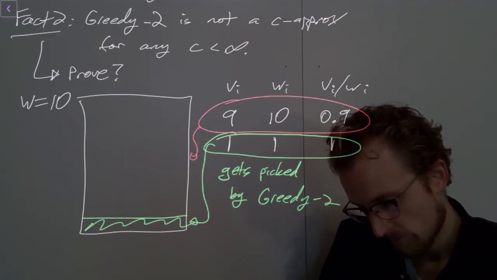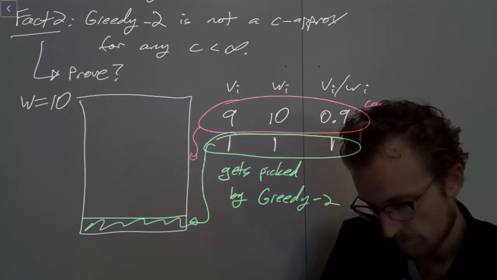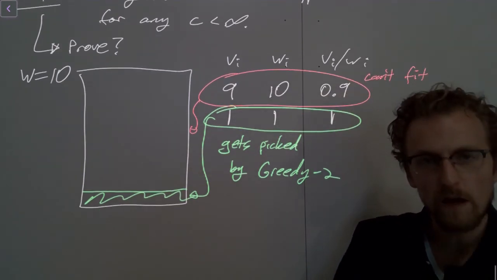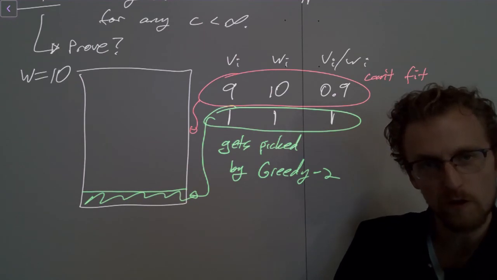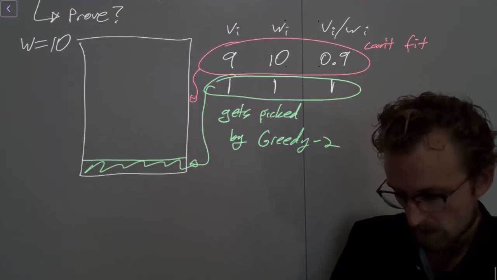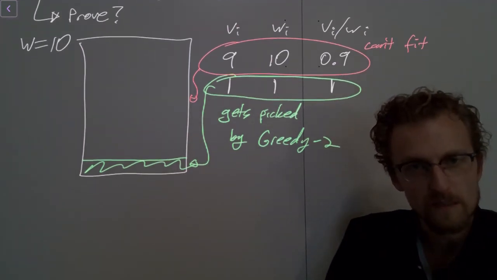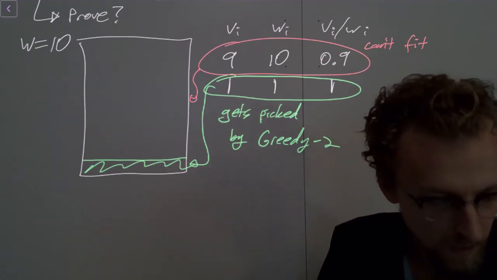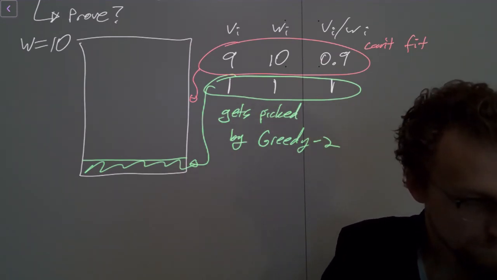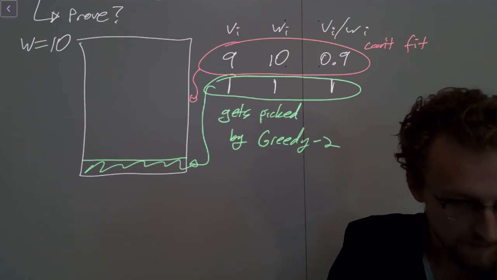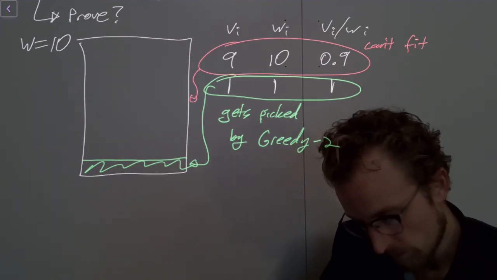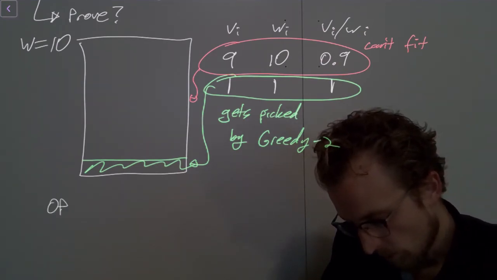So this can't fit. And so there we go. So what's the approximation factor on this instance? Well, the approximation factor is going to be 9, where what we have is the optimal. The optimal here would take.